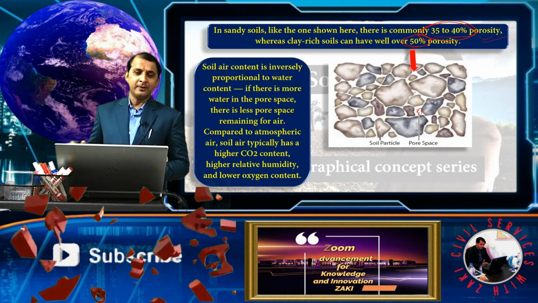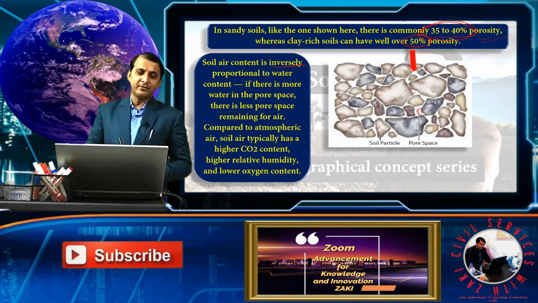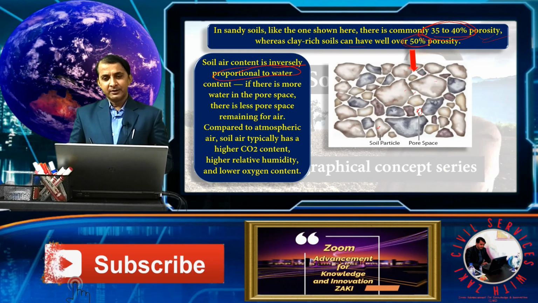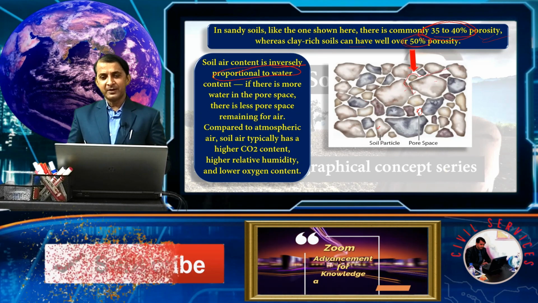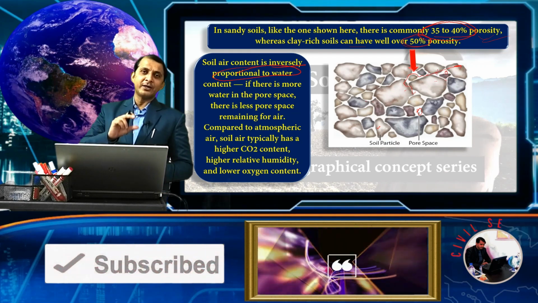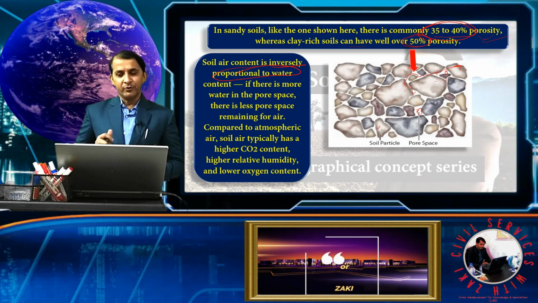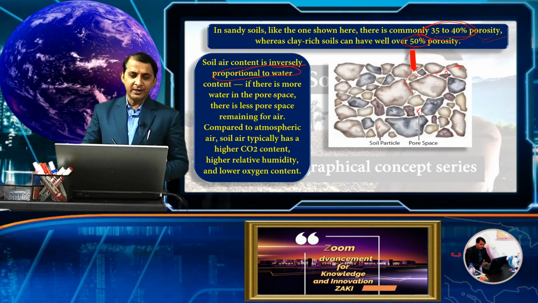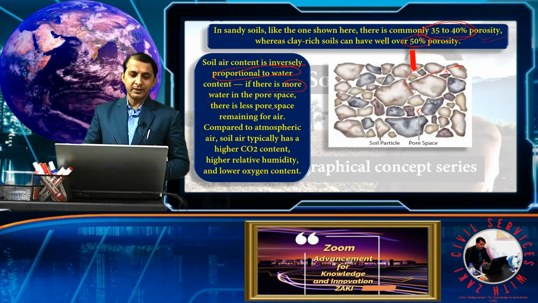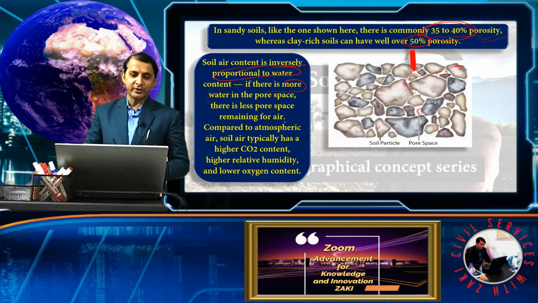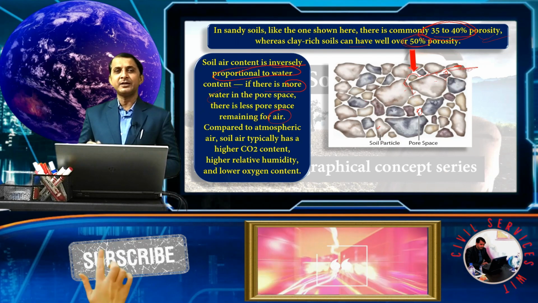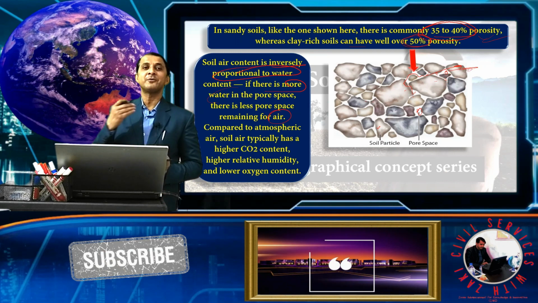If we see here, soil air content is inversely proportional to the water content. We see the air present here, water present here, and some air. Air and water are inversely proportional within the pore space, because if we increase the water, it means less space remains for the air. This soil air is not like atmospheric air.